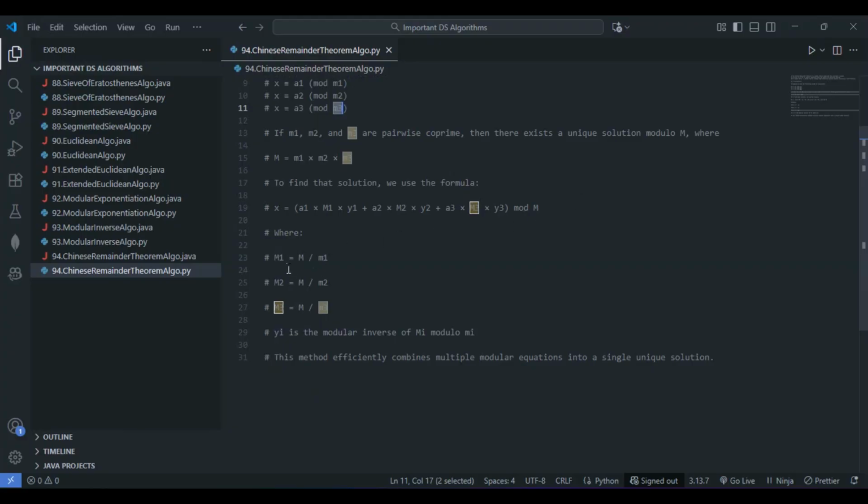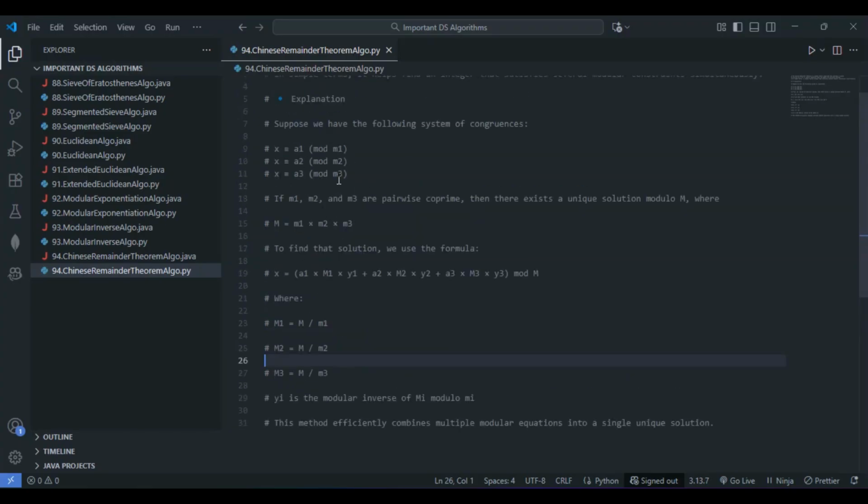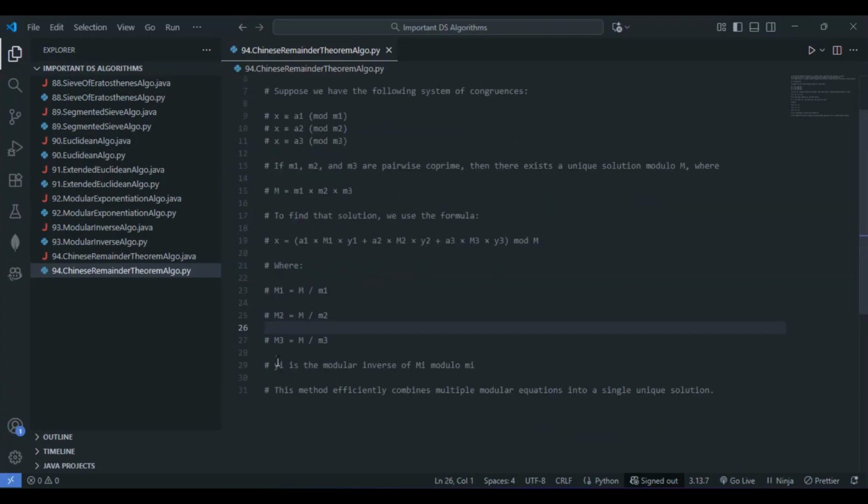Here, capital M1 is equivalent to M divided by m1, and similarly M2 is M by m2, and M3 is M by m3. So what is Y here?